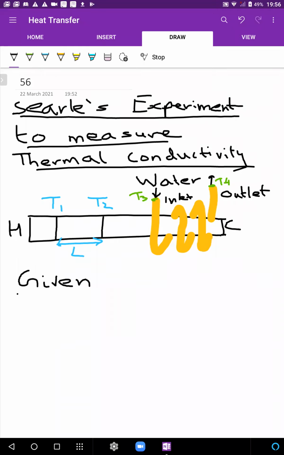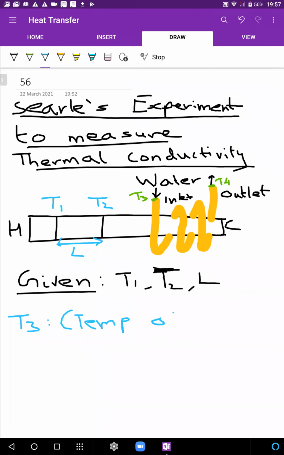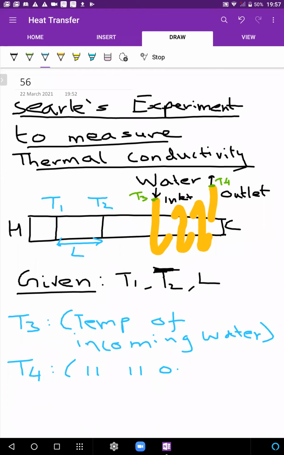So you will be given T1, T2, L. You will be given temperature of water at the inlet. All right. So T3 is the temperature of water at the inlet. Okay. Temperature of incoming water. You'll also be given T4, which is the temperature of the outgoing water.